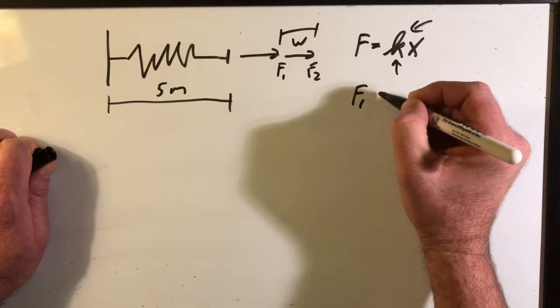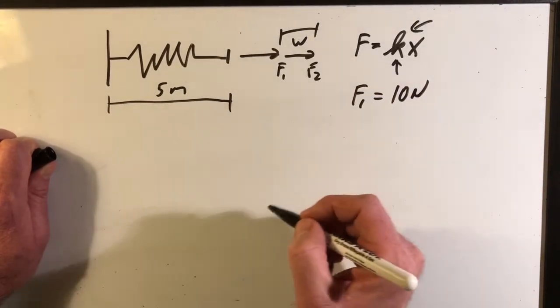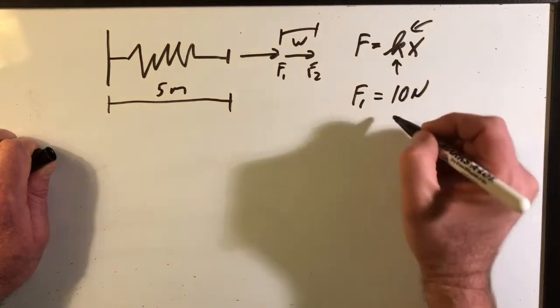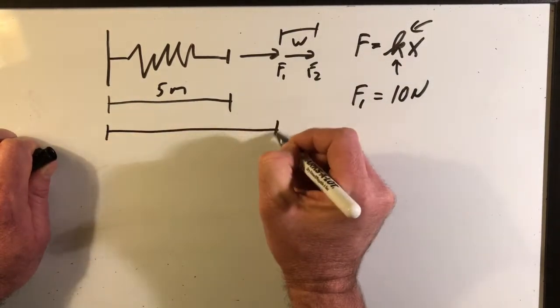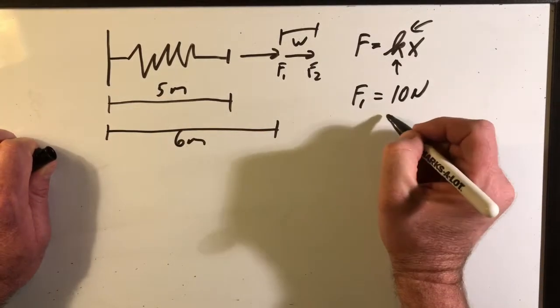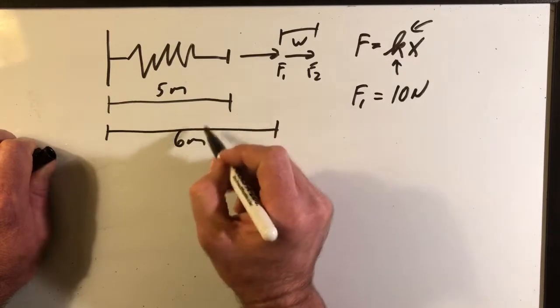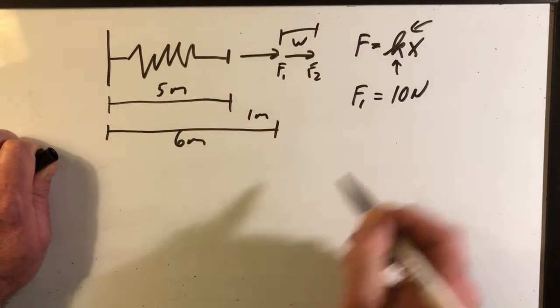So they'll give you force 1 equals, say, 10 newtons to move to a position of, and that's the trick, they'll probably say stretch it to 6 meters. So you have to know that I'm going to subtract 5 off of 6, and I'll have really 1 meter there.